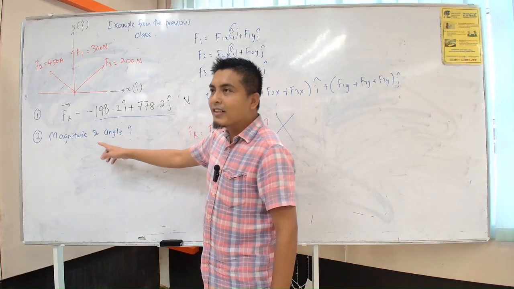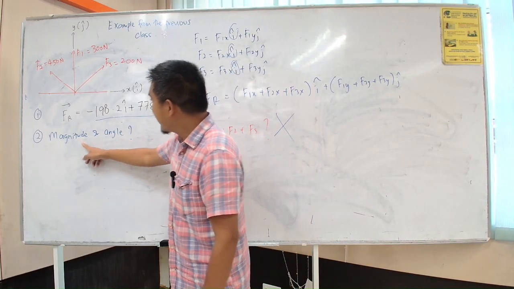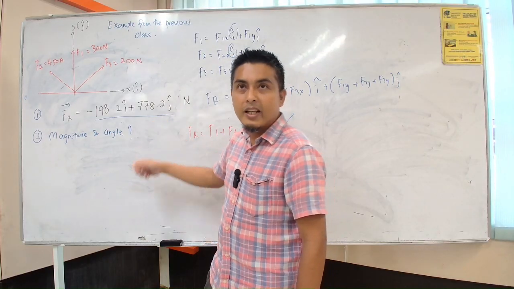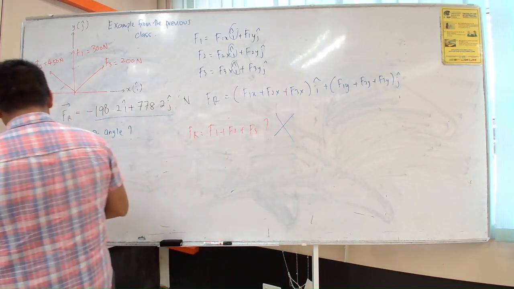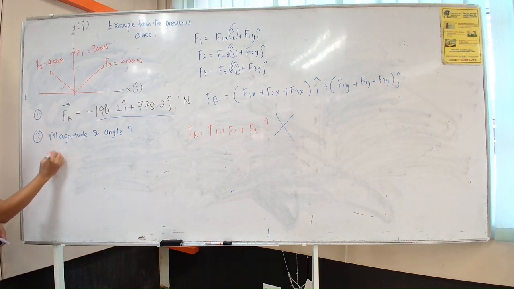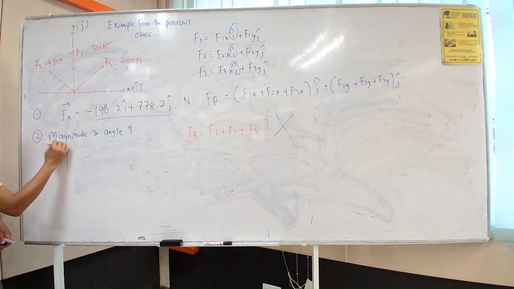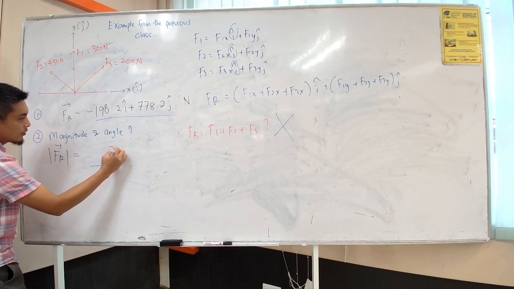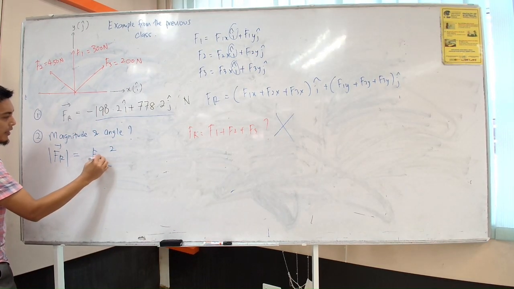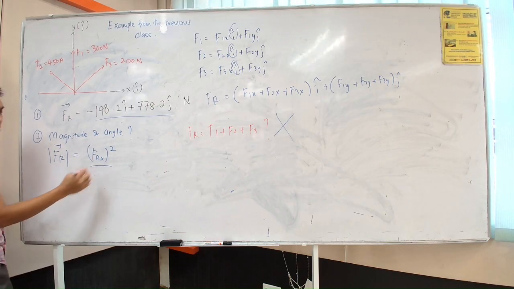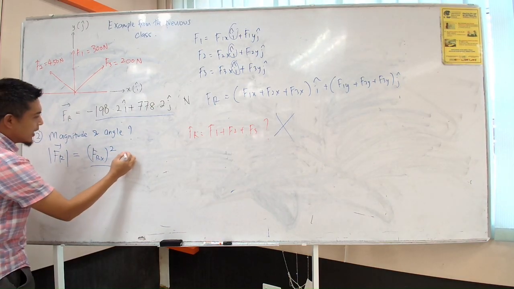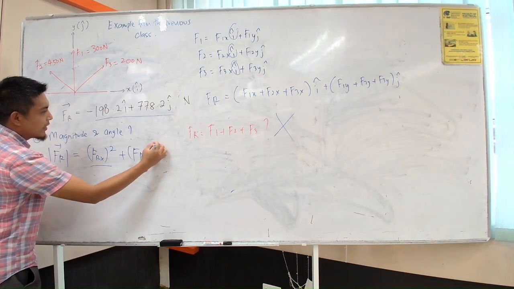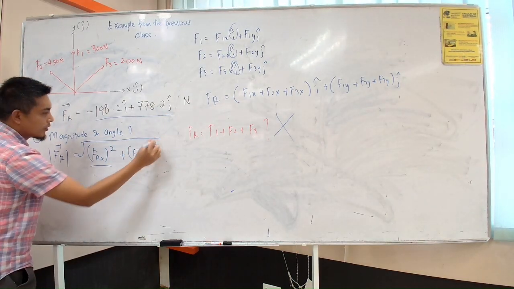Then the second question is you need to find the magnitude and angle for this. What is the formula to find the Fr magnitude? The I component, Frx square plus Fry square, and you need to square root.